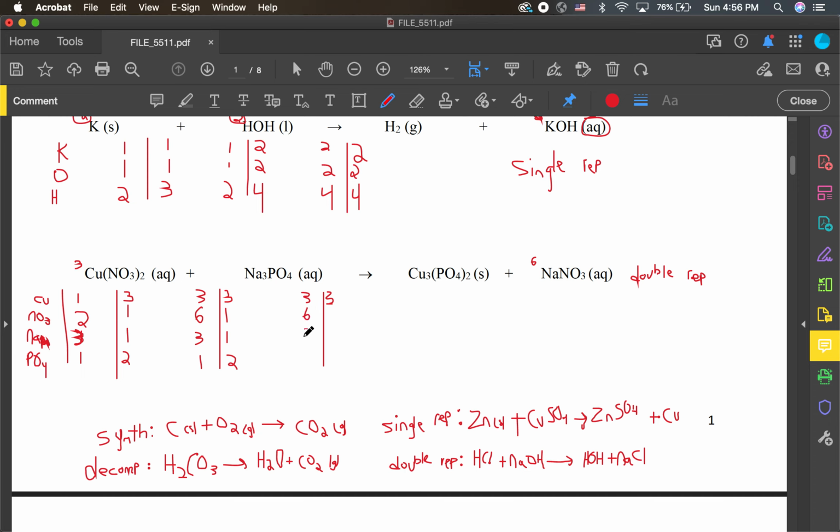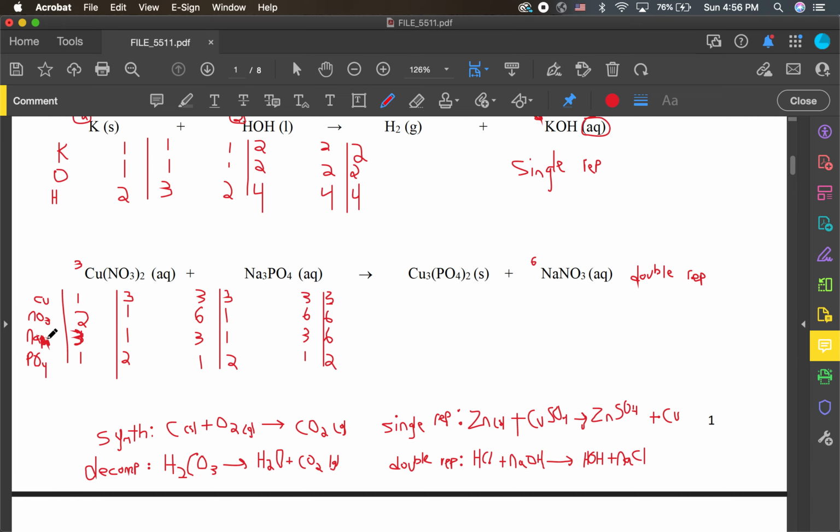So 6, 3, 1. We only changed a number on the right this time, so that's the only thing that's going to change. NO3, now we have 6 of those here. Cool, another little checkbox for us. But now we have 6 Nas here, and we still have only 2 PO4s. Okay, cool.